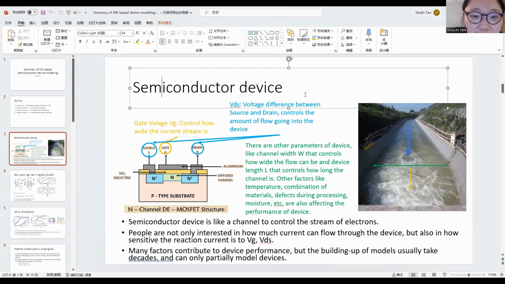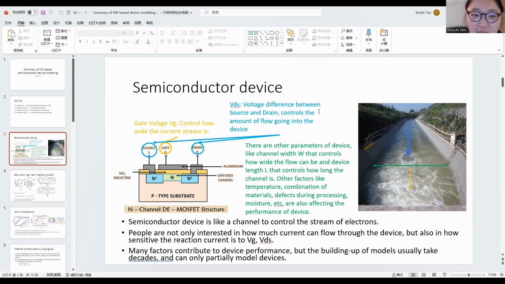So a semiconductor device is merely a device where we can control how much current there is in the device, so that you can pass and process signals. You can imagine the semiconductor device as a channel of a river.